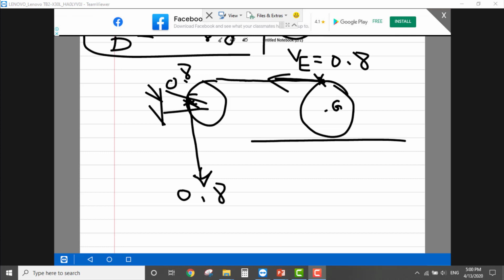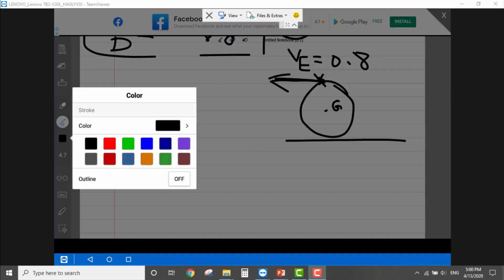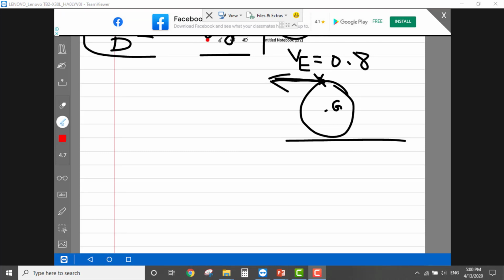Now let me erase this drawing. The information given in the statement of this problem, rotate without slipping, means that we have here an instantaneous center of zero velocity, correct?